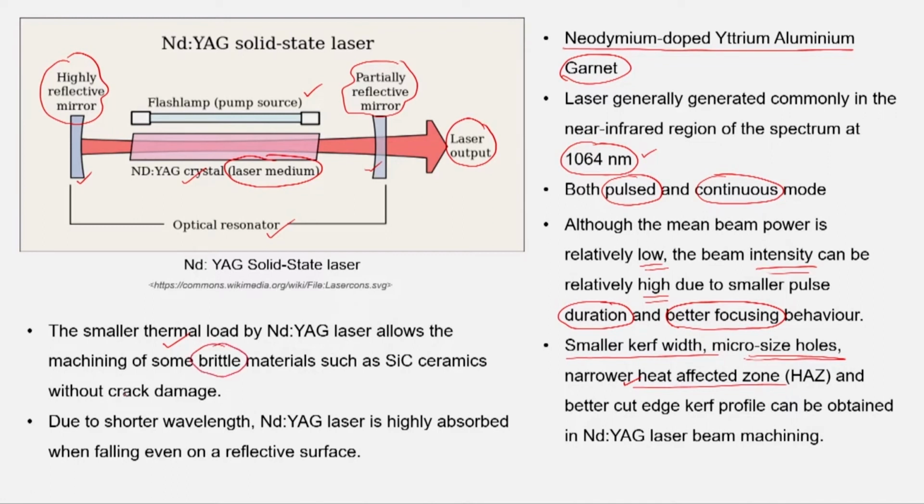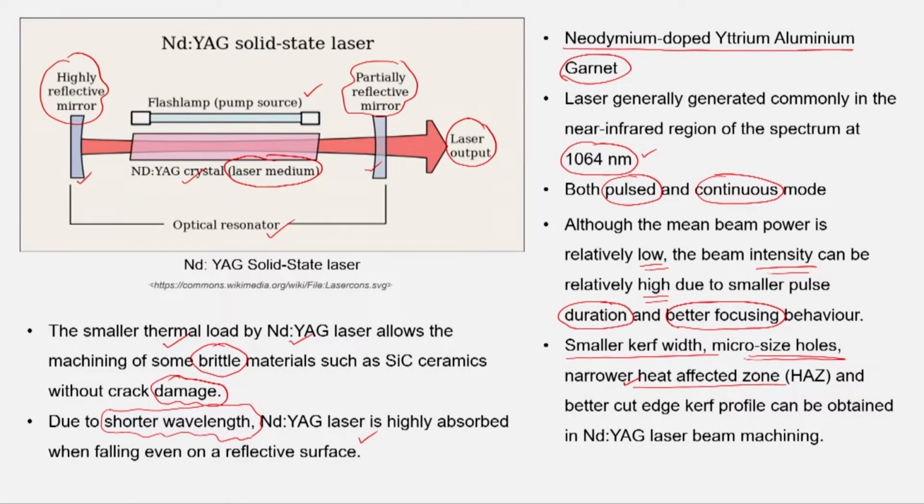As we know, if we apply energy to brittle materials, there may be chances of damage due to cracks. This can be solved by applying a smaller thermal load, and that is possible by using these Nd:YAG lasers. Nd:YAG lasers also provide shorter wavelengths, and that helps us get more absorption of the laser beam by the surface of the work material, which is an added advantage when we process with the Nd:YAG based solid state laser.